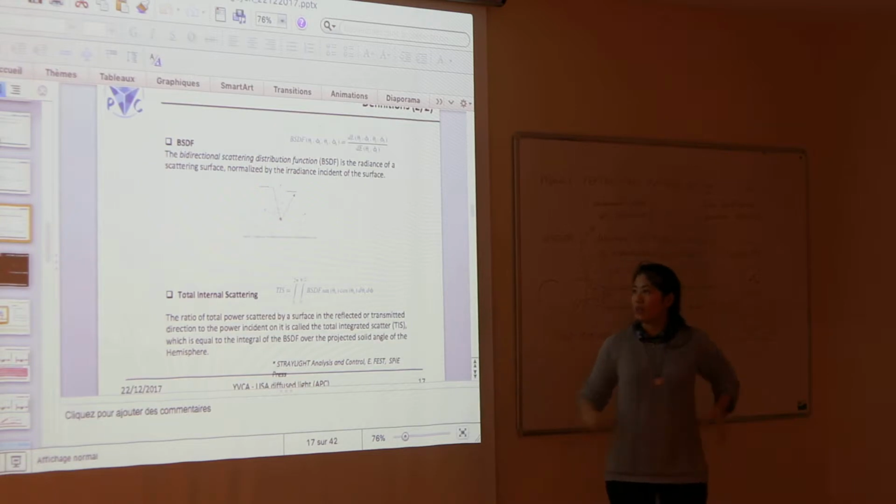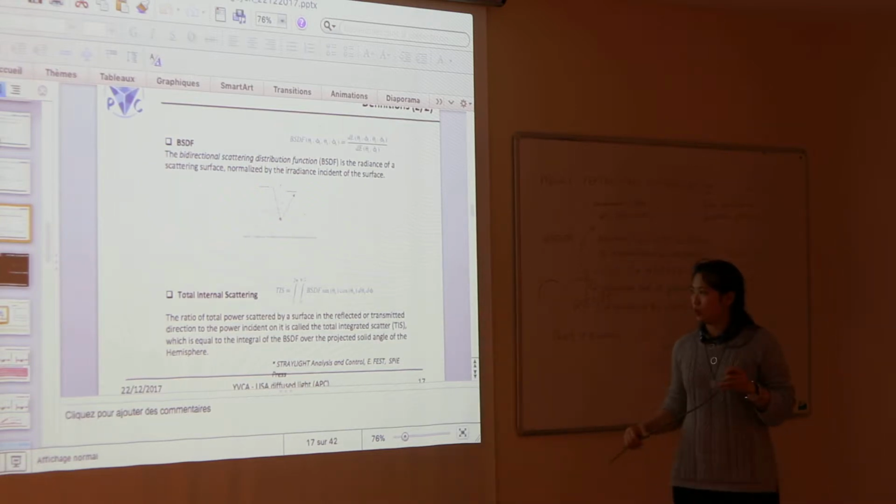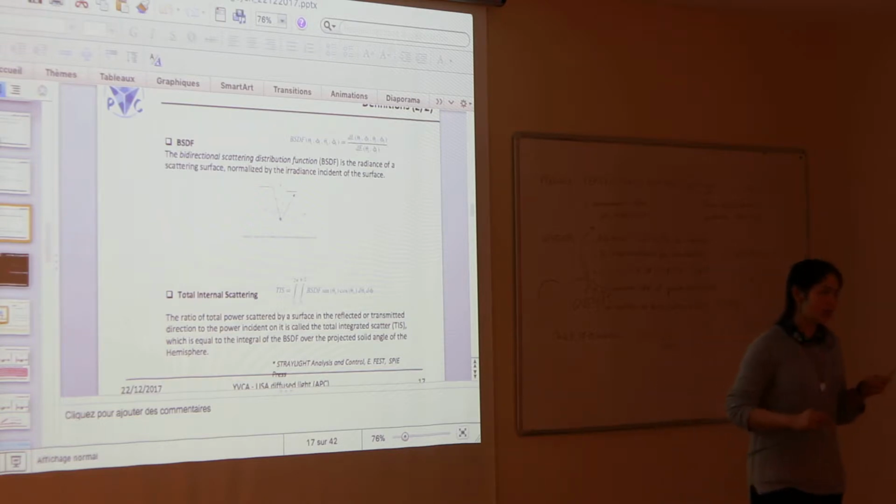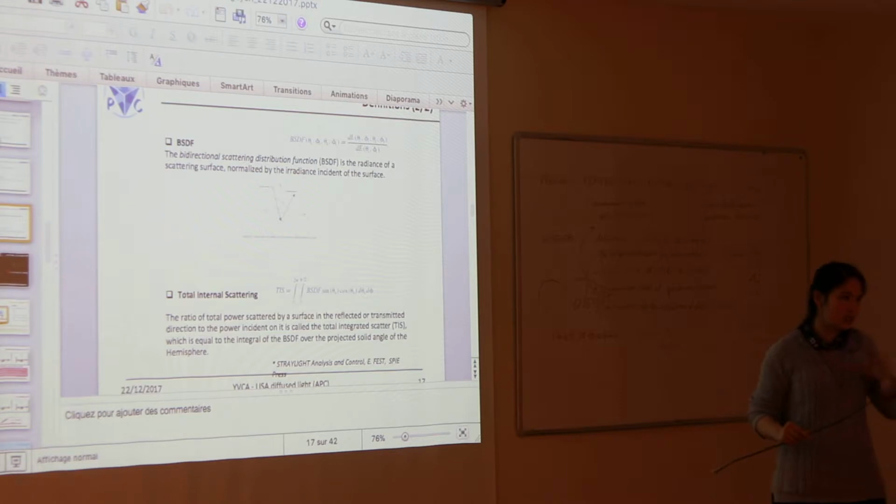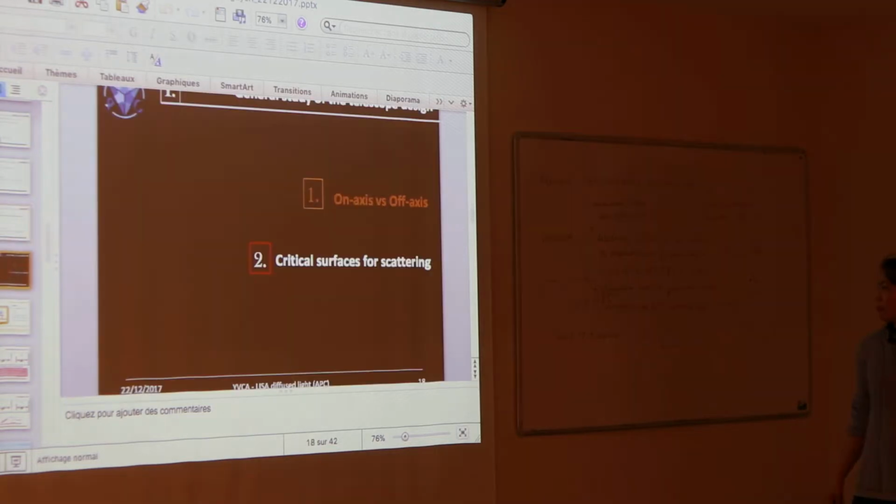So we can talk about the optics by giving the TIS of the optics. For example, you have an optics with a TIS of 10 ppm. This optics diffuses not a lot. It's a flat optics, for example.